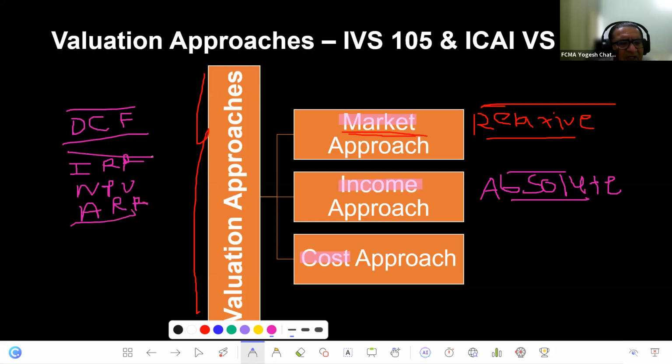In DCF, effectively we estimate the future cash flows, whether future cash inflow or outflow. Those occur at different time frames.